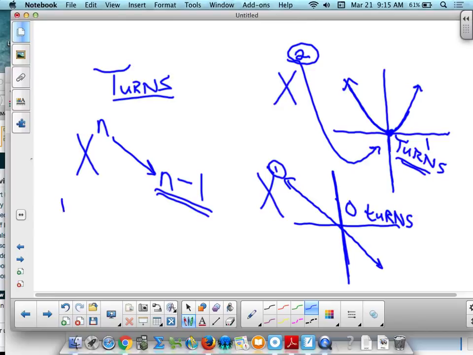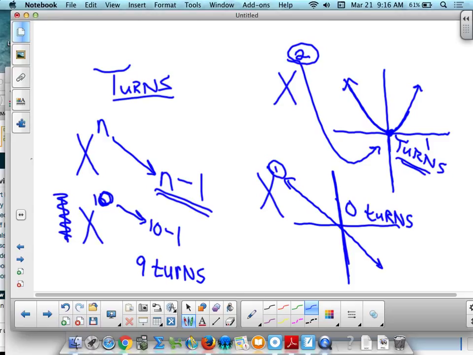But if we knew the number, let's say it was x to the 10th, how many times would it turn? 9 times. All you have to do is take that number, 10 minus 1. It turns 9 times. This is a generic number, and we don't even know what number that is. Just take that n, that variable, subtract 1, and that's how many times it will turn.